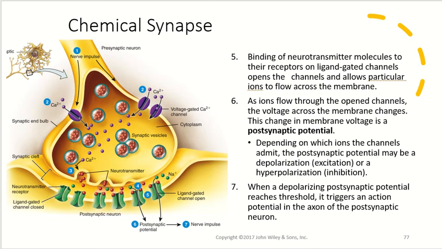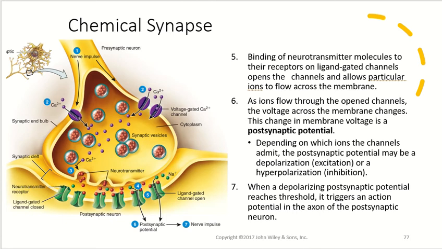So as those ions flow through that opened channel, the voltage across the membrane is going to change, and this change in membrane voltage is going to be called the postsynaptic potential. Depending on which ions the channel allows entry, the postsynaptic potential may be depolarizing in that it's going to be excitatory.